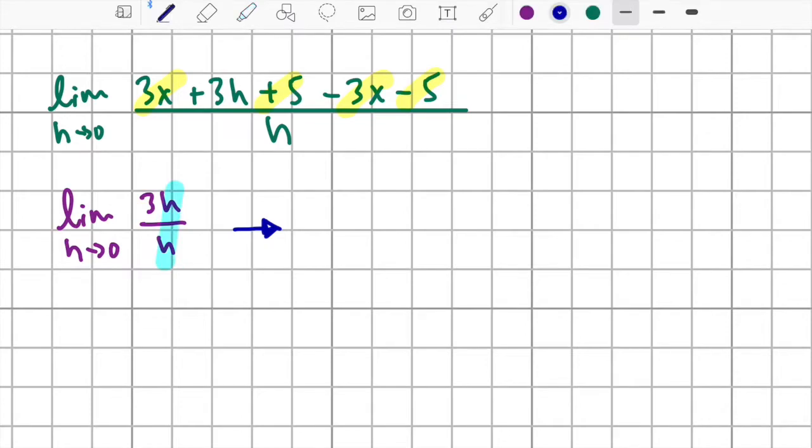We can cancel the h's. So we're left with limit as h approaches 0 of 3. And if you remember correctly, the limit of a constant, because 3 is a constant, there's no h. I can't plug in that 0 anywhere. The limit of a constant is the constant itself. So the limit as h approaches 0 of 3 is equal to 3.